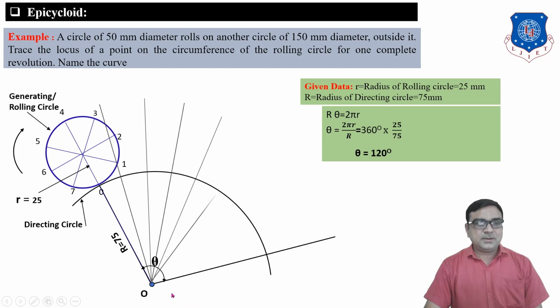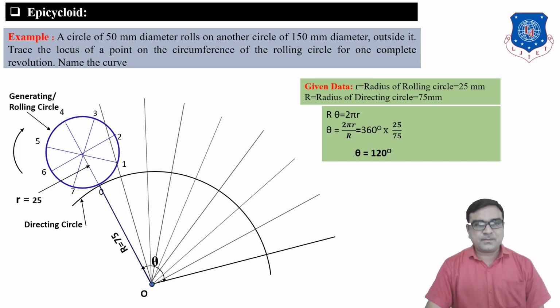Now the theta angle is also divided into 8 equal angles. So each angle measurement is 120 by 8, meaning 15 degrees.